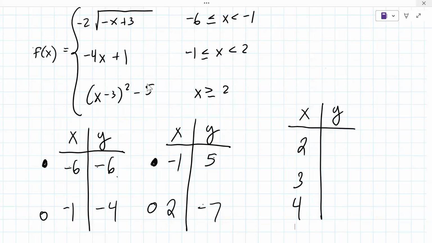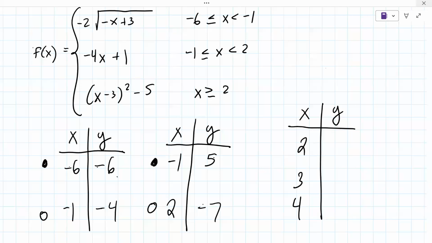For y, that's a -4 for 2. For 3, that's going to be a -5.